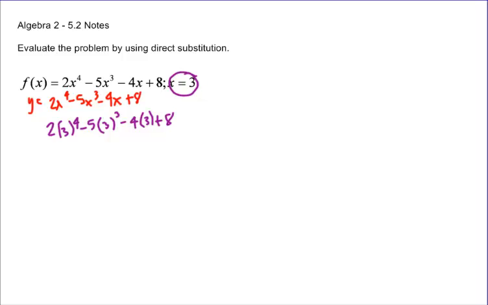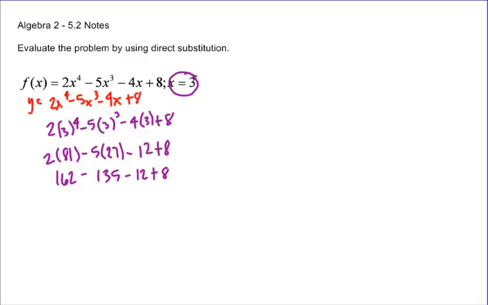And we just work out all this math one piece at a time. This is going to be 2 times 81 minus 5 times 27 minus 12 plus 8. 2 times 81 is 162, minus 5 times 27 is 135, and then minus 12 plus 8.